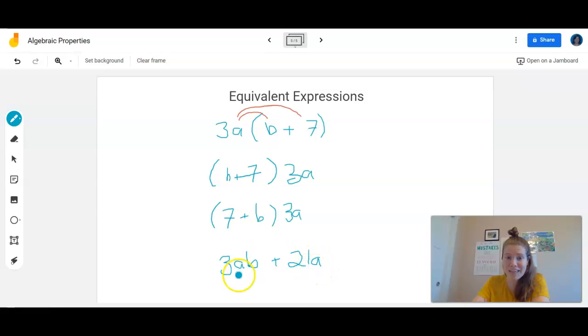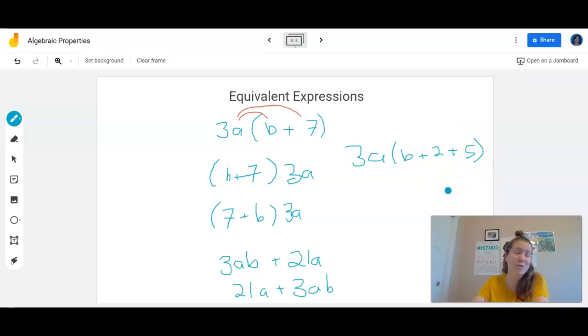Now that I have everything in addition, I could reorder it again if I wanted. There are so many ways to write an equivalent expression to one you already have. We could even be little pains in the butts and rewrite this as 3a times b plus 2 plus 5. That is still an equivalent expression because 2 plus 5 is going to be the same as 7.